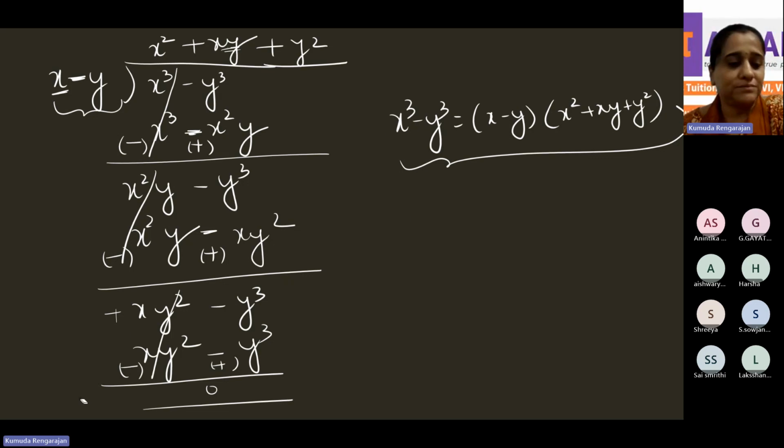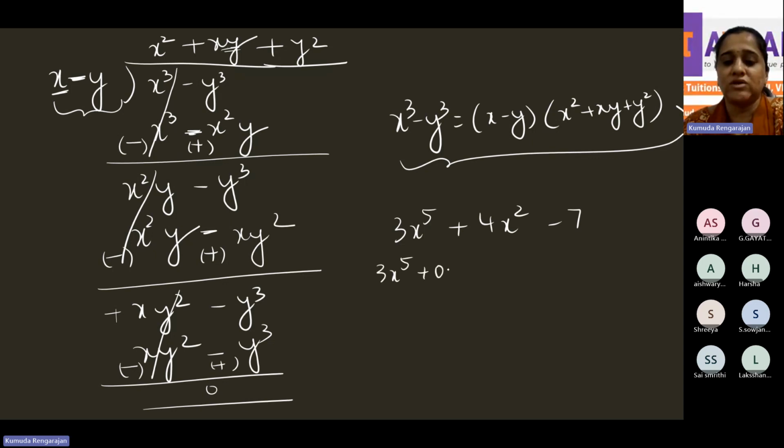I'm saying that because in case your teacher fills the missing terms, you shouldn't think that I have forgotten to mention that. See, supposing you have the dividend like 3x to the power 5 plus 4x squared minus 7, they'll fill the missing terms: 3x to the power 5, then plus 0x to the power 4, then plus 0x to the power 3, then 4x squared, understand?